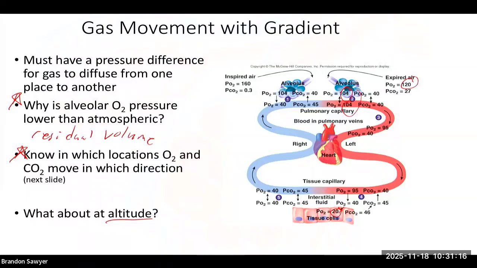All right, what do you guys think? Somebody raise their hand, what would make it drop? So we know altitude would make it drop. What else could make that partial pressure of oxygen in interstitial space get lower than 40? Any thoughts?